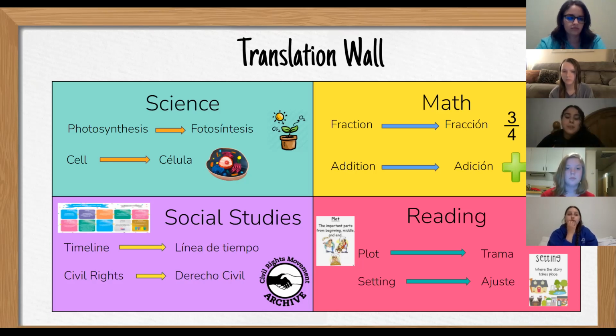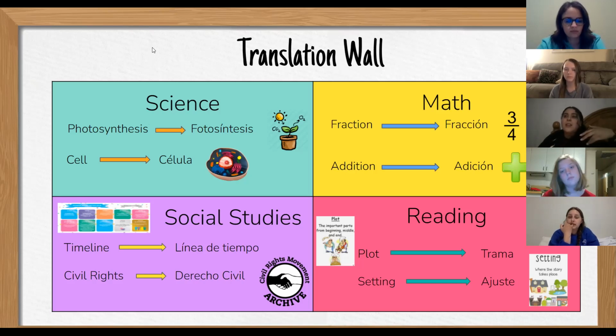I think this would have been very helpful, simply because it wouldn't have required the teacher to be translating every single thing or sitting with the students, translating everything, when the wall is there to help the students.